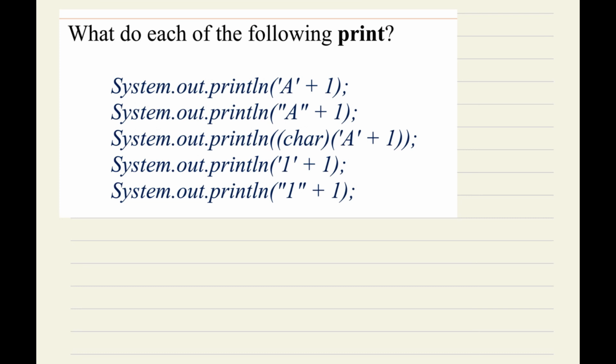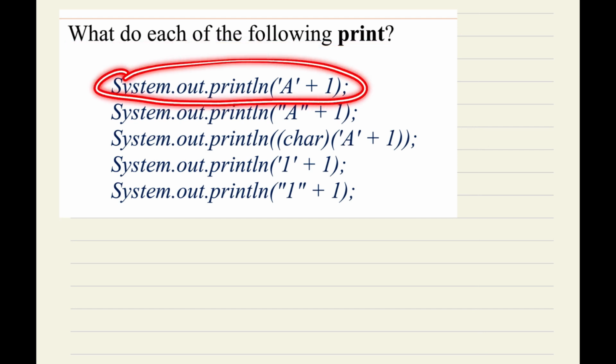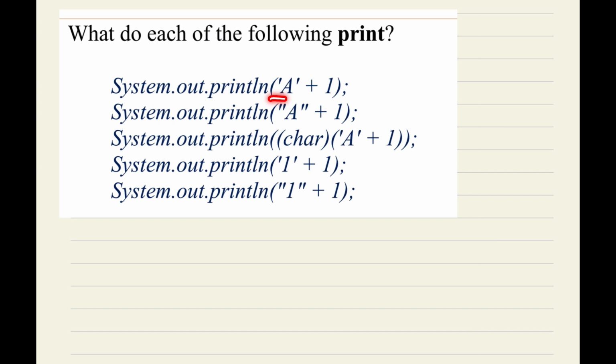So now we'll move to the next question. Here it says, what do each of the following print? System.out.println 'a' plus 1. Here you can observe a is written inside single quote. Anything written inside single quote is a character literal in Java.